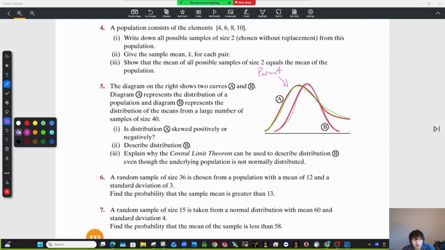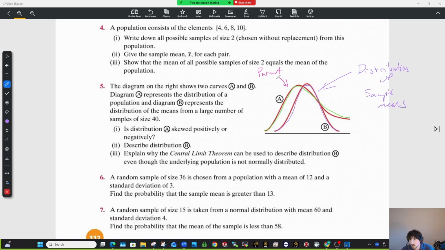And the one that is normally distributed, which is this one in purple, must be the distribution of sample means, right? And what they said, explain why the central limit theorem was used to get B. Because the parent population was not normally distributed, n in this example would have had to be greater than 30. And it was, as you can see here, it was 40.